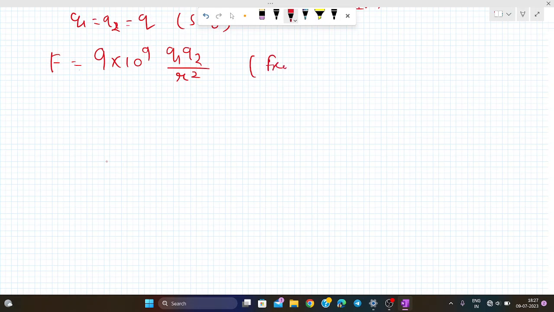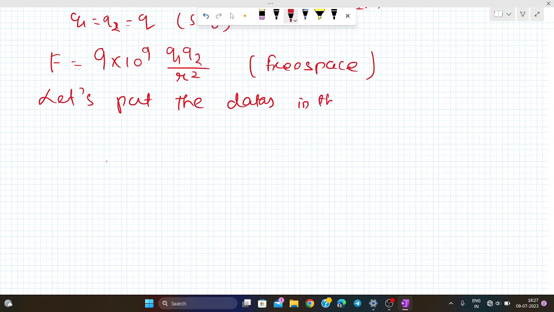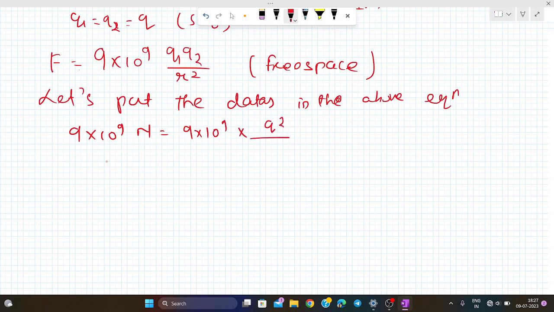I am talking about free space, that's why I have taken the value of 1 by 4 pi epsilon naught as 9 into 10 to the power 9. Let's put the data in the above equation. It will be 9 into 10 to the power 9 Newton is equal to 9 into 10 to the power 9 into Q square divided by R square, meaning 1 square.